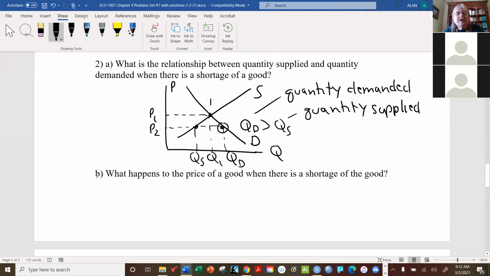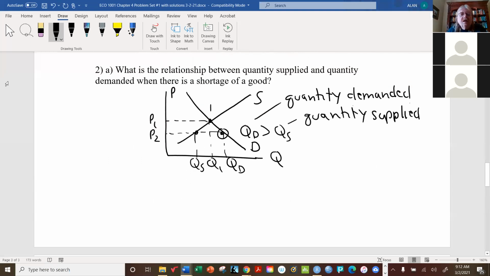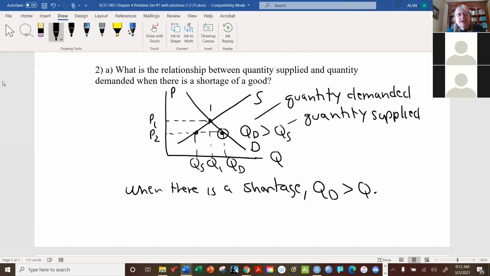And so when there's a shortage, what has to happen? When there's a shortage, QD exceeds QS, or you could write it as QS is less than QD. It doesn't really matter.